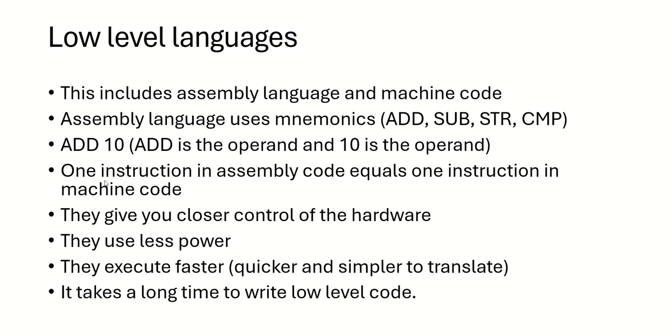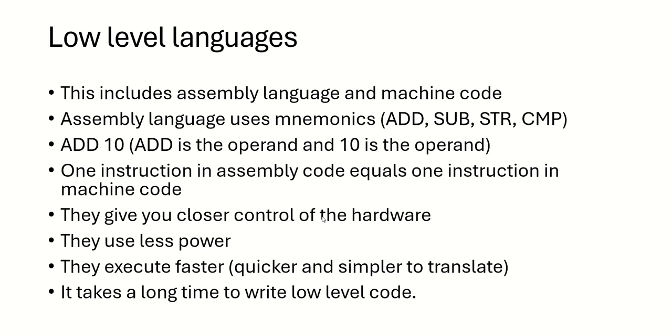A characteristic of assembly language: one instruction in assembly code equals one instruction in machine code. So that add will have a binary code, and 10 will just be converted to binary. So it's a 1-to-1 ratio between assembly code, or low-level language, and machine code.